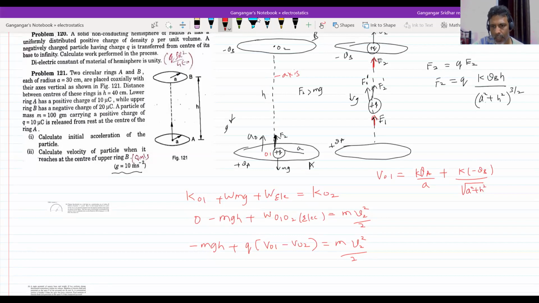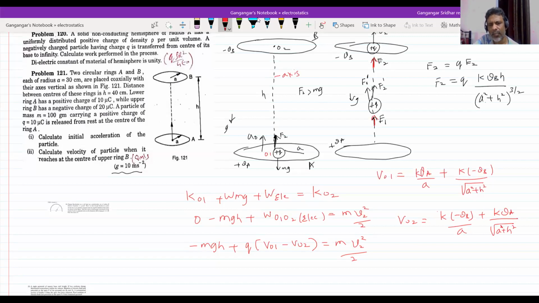So what is the potential at the center of the ring? It should be equal to K minus QB by root of A square plus X square plus K QA by A. Substitute those potentials, and you get the required answer. So take help of that energy method.